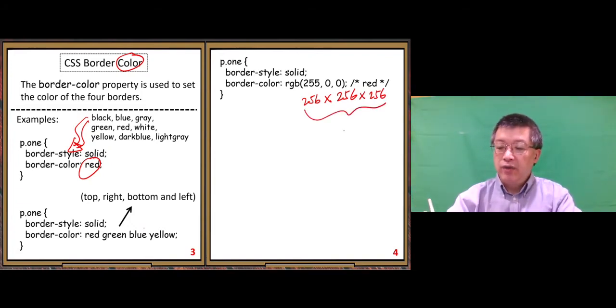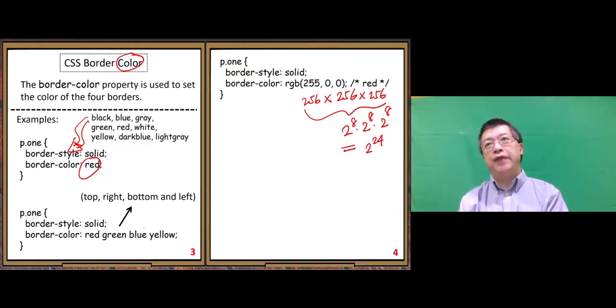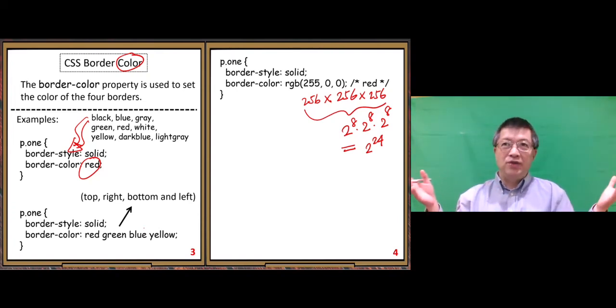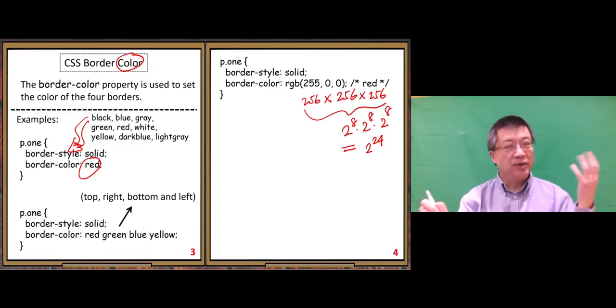If we write it as a power of 2, 8 times 3, so that's 2 to the 24th power. Can you quickly get approximately how large it is?